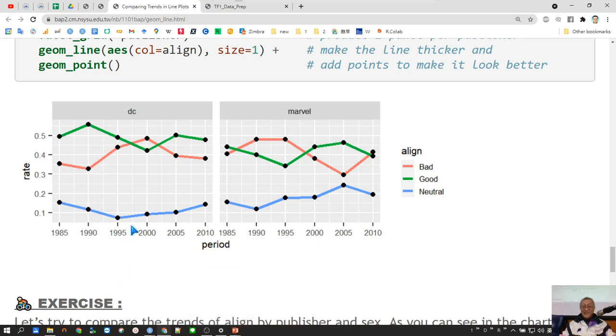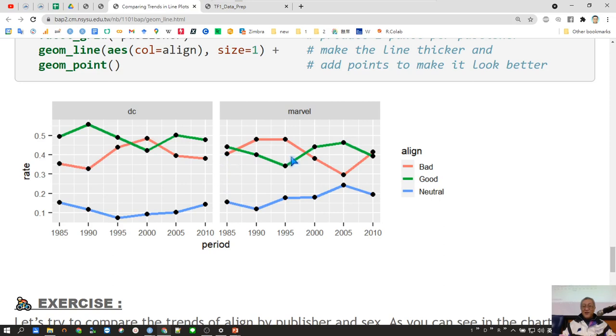The neutral guys, in general, DC has a lower fraction of neutral guys, but there is a continuous trend from 1995 that the number of neutral people are getting more and more, right? You can see that, right? And as you can see, Marvel has a very interesting pattern in good guys and bad guys, right?